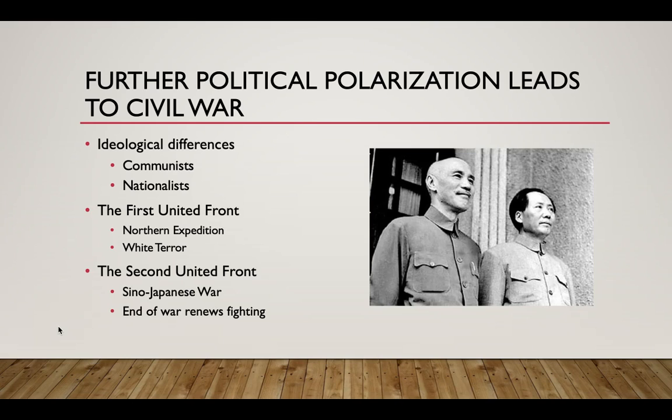And so we can see the influence here of foreign powers in a civil war. And so during the Sino-Japanese War, both the communists and nationalists will be fighting against the Japanese. And when the war comes to conclusion in 1945, the second phase of the Chinese Civil War will begin.